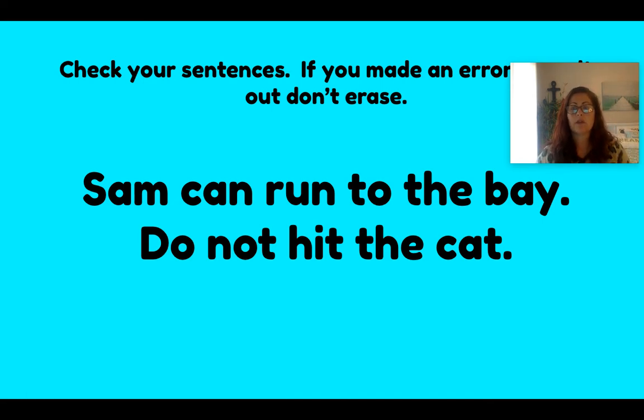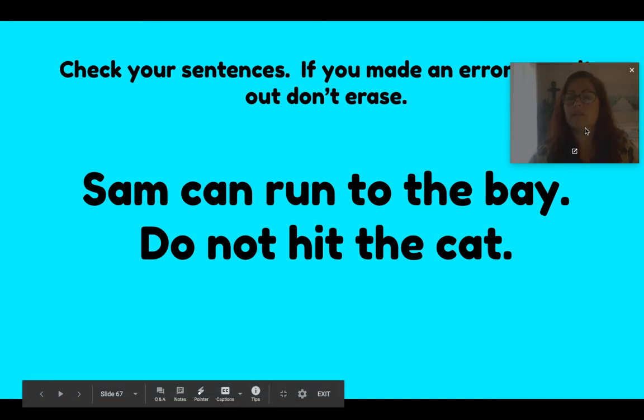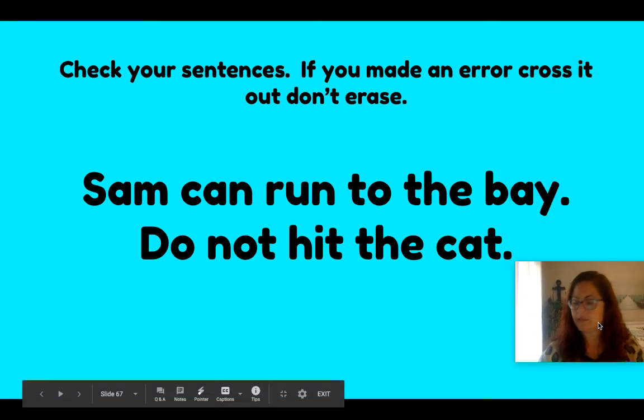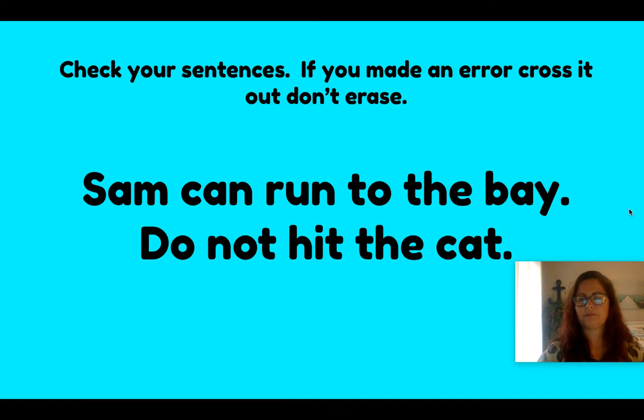Do you have a capital on Sam? Do you have a period at the end of the sentence? Sam can run to the bay. Capitalize D for do not hit the cat, and a period at the end. Now take the time and read those sentences back. Read those sentences aloud.